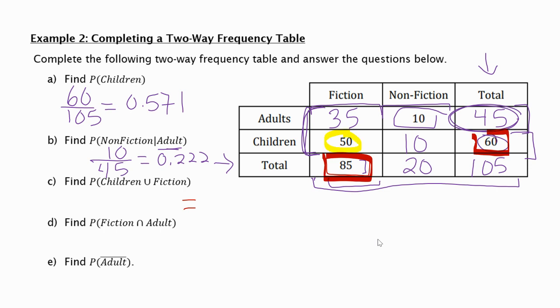So we'll do some addition and subtraction. It's going to be out of 105, and we do 85 plus 60 minus 50 and get 95. And then we get our percent.